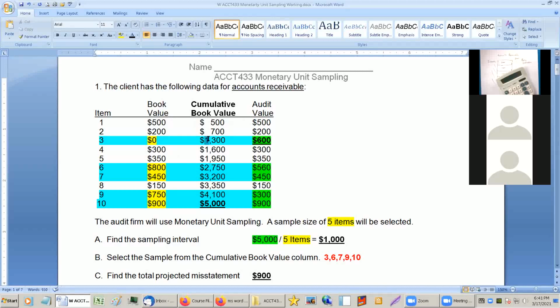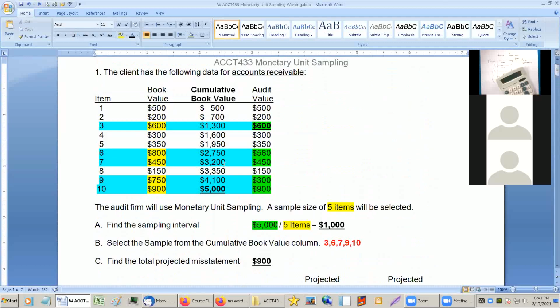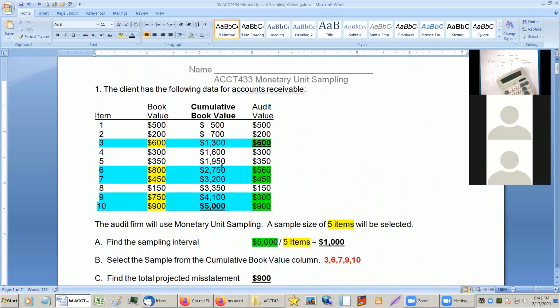So if they understate something, and especially if they write it down to 0, you'll never catch it. It'll never come up. So it's only good for things that are overstatements. It does not work for understatements.